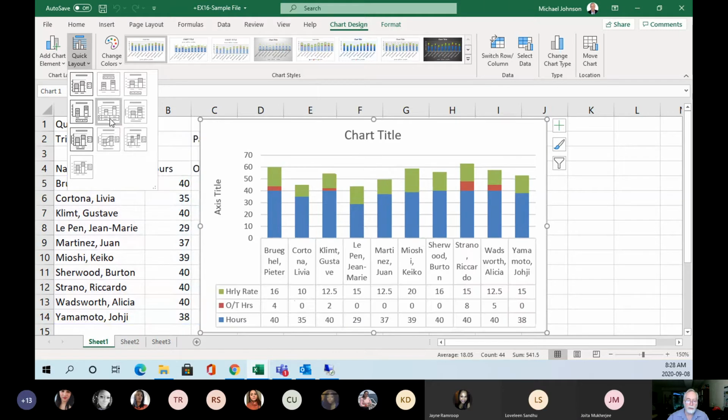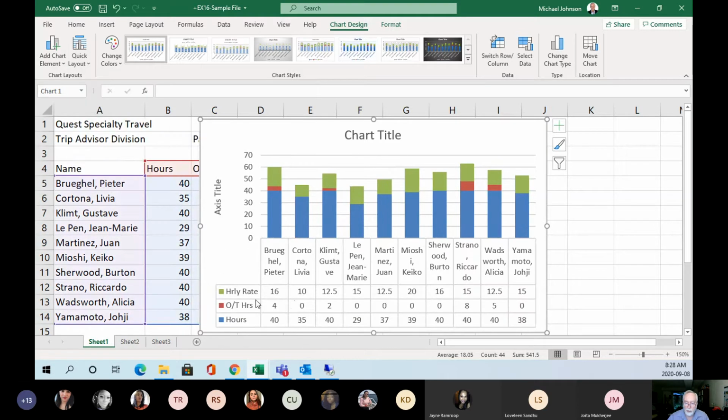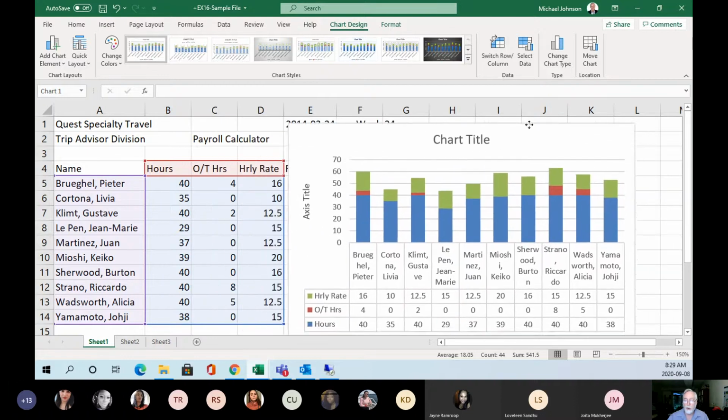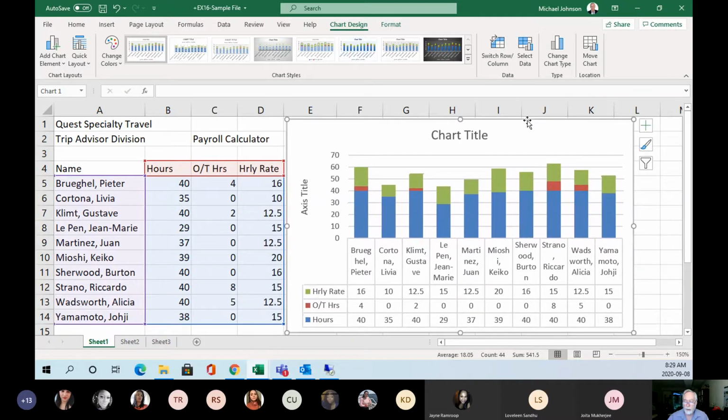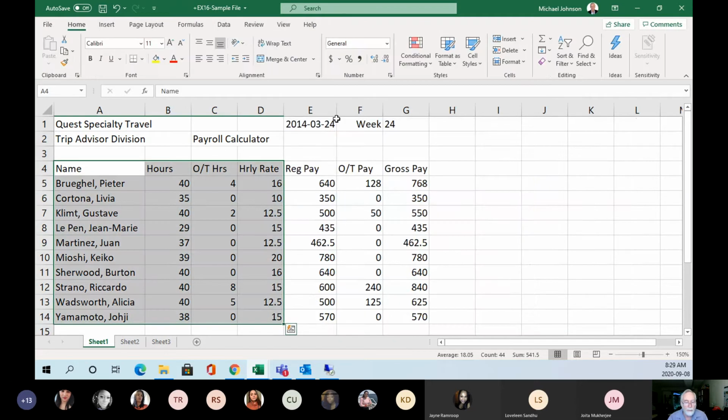So if I click on this one, there you go. Now I have the table underneath it, and I can basically see what each one of these actually represents. And again, I can move that anywhere I want it to be. So charts are actually really nice in as much as they give me a good graphic representation of the data.